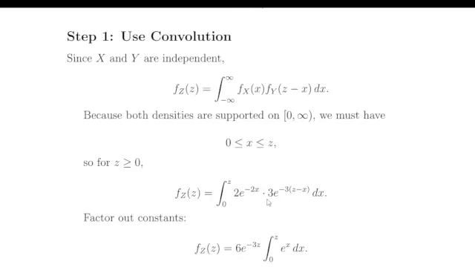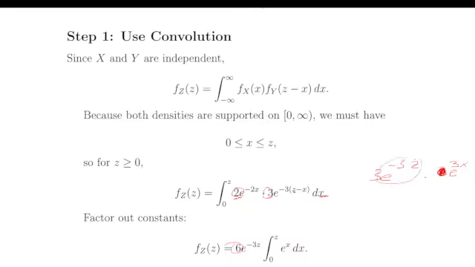And because this depends on x, the z could come outside. So that could be rewritten as 3e to negative 3z times 3e to positive 3x. So we don't need to multiply by 3, we already have the 3 out here. So then this 2 and 3 are going to multiply to give you 6.